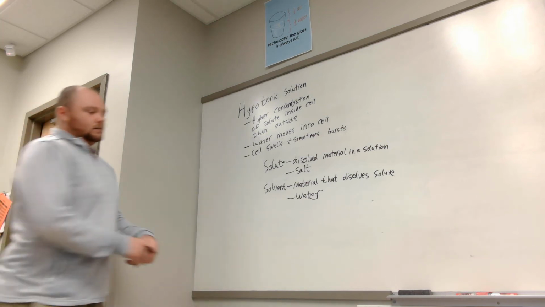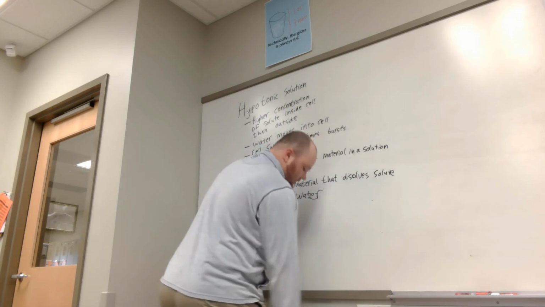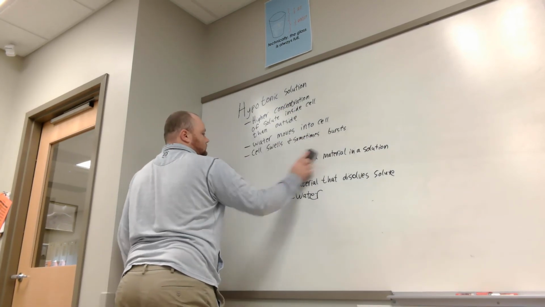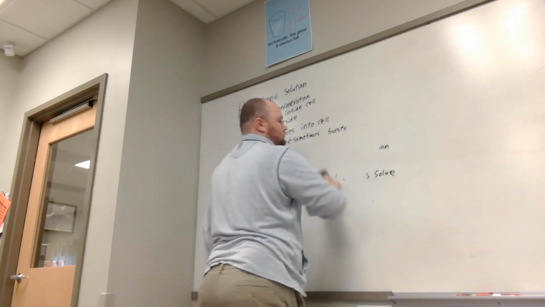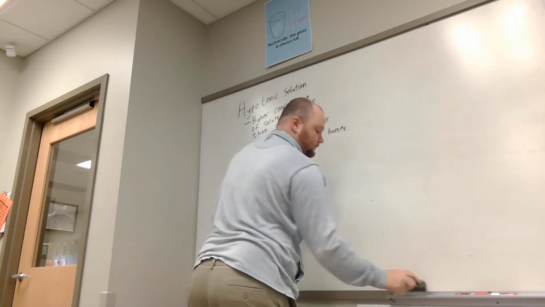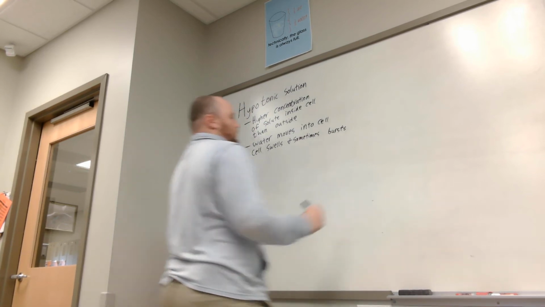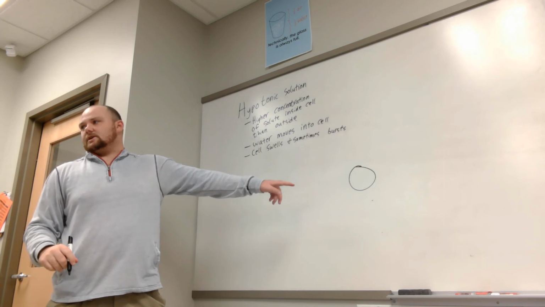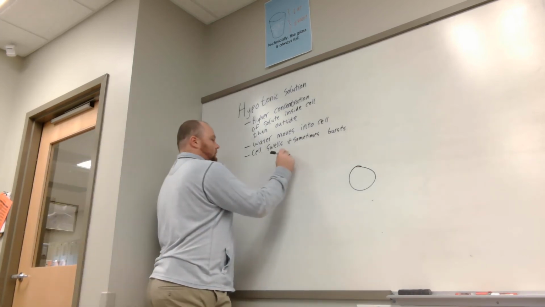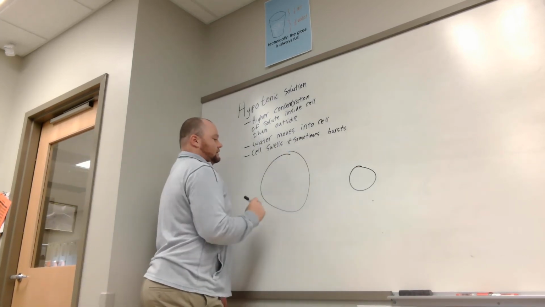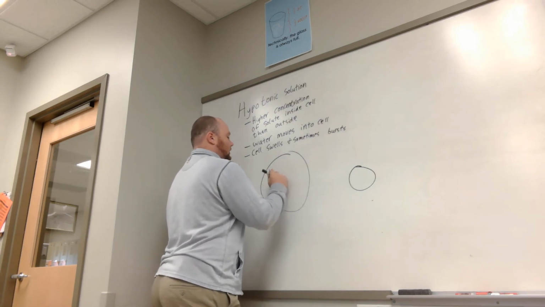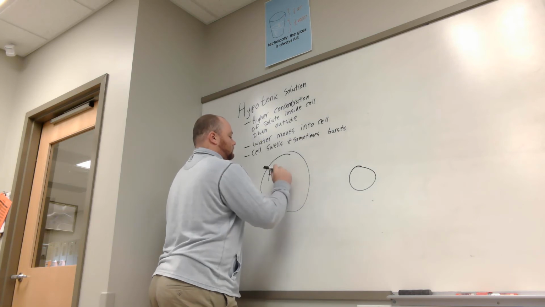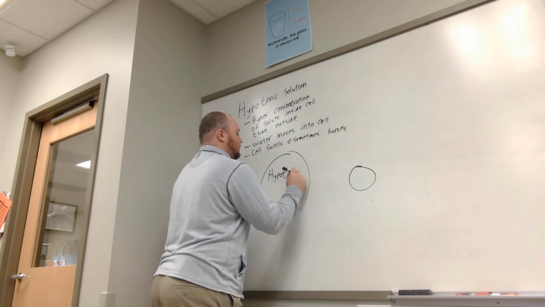Okay. So I want to put some visuals on the board. Bless you. Alright, so in the middle here, we're going to put our normal cell. Okay? Just a normal cell. Over here, this is our hypotonic. Okay?